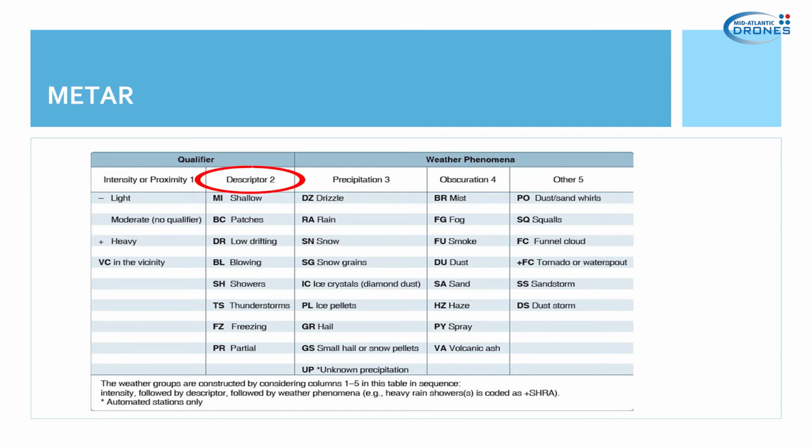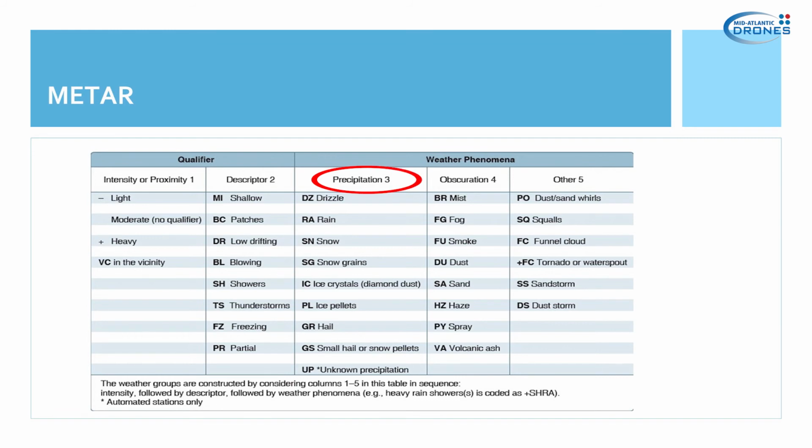Then you have a descriptor. You have shallow patches. You have blowing showers. It's very common to see RA as SH, so rain showers. TSRA, so thunderstorms with rain. Then you have freezing, FZ, or PR for partial.